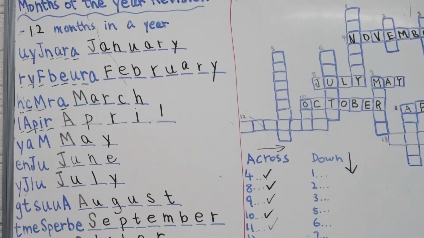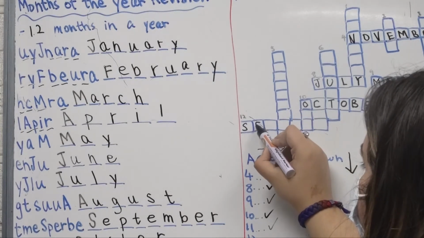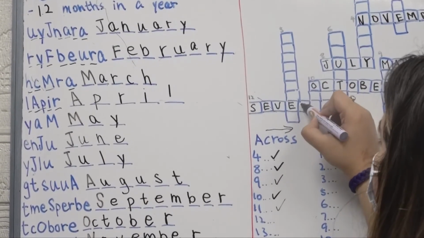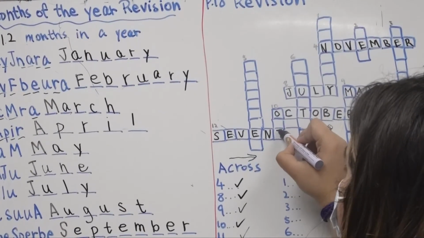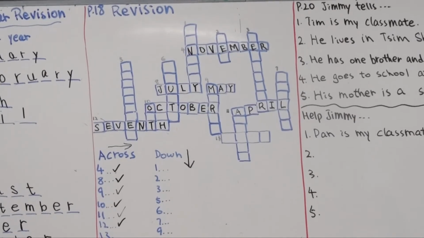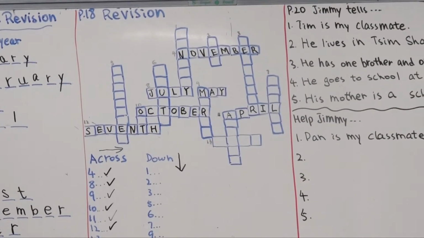So the answer is 7th. Alright, 7th. So do you know how to write 7th? That is S-E-V-E-N-T-H. 7th. Alright, 7th.